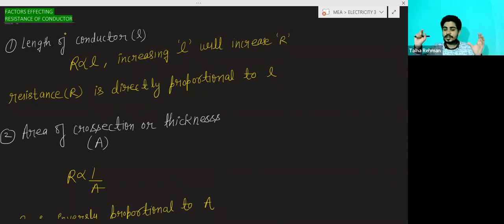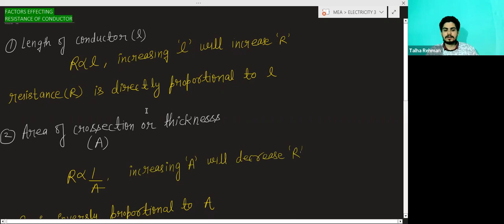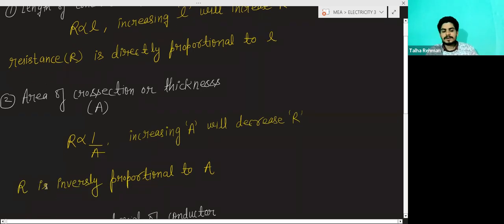If you increase the area of cross section, then the resistance of the wire will decrease. It means increasing area, inversely proportional means increasing A will decrease the resistance of the wire R. So you can say resistance of the wire is inversely proportional to area A.